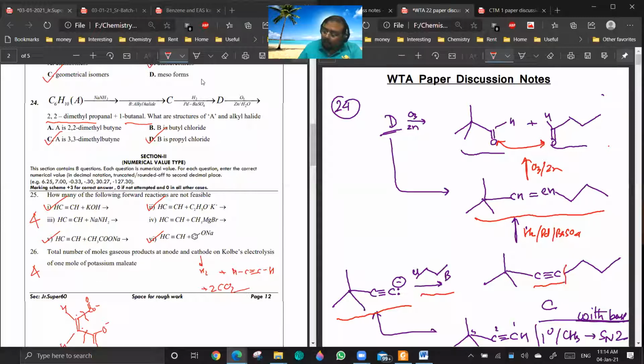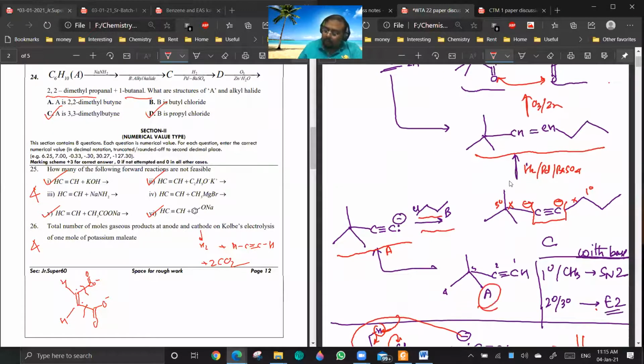Either I have the negative charge on this side and the halide on the other, or the reverse. Which one will be more suitable? In the first case, you are getting a 1 degree halide. In this case, you are getting a 3 degree halide. In which case is the success of the reaction more? The 1 degree halide. So B should be propyl chloride and A should be this.